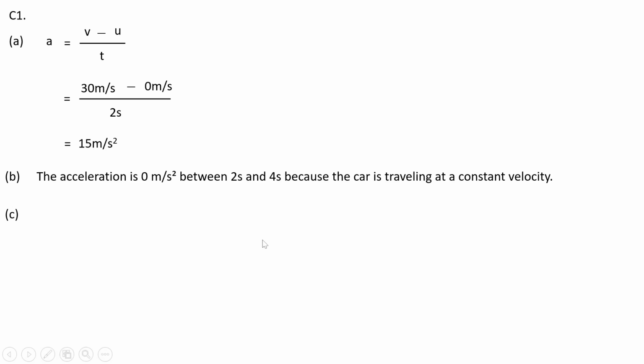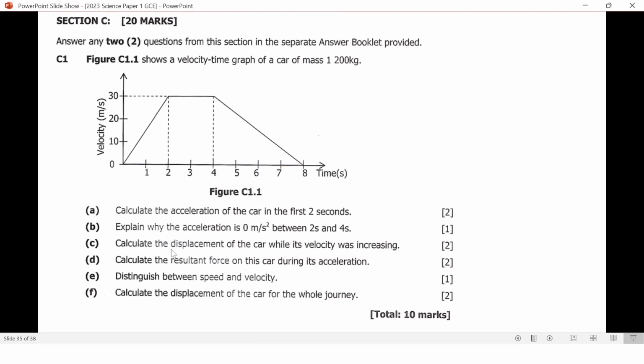Okay, we come to C. C says, calculate the displacement of the car while its velocity was increasing. From this region to this region, we need to find the displacement.